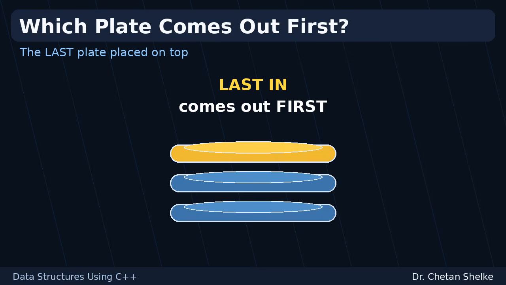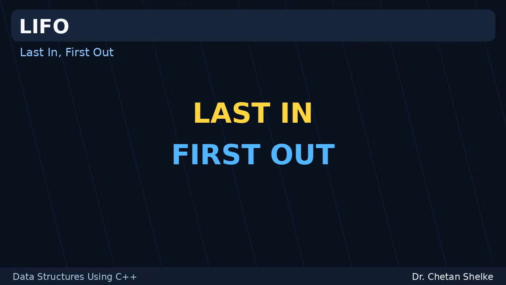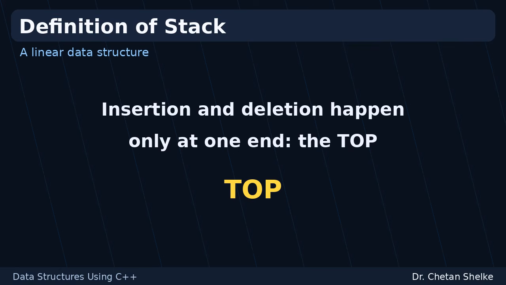The last plate, correct? This is called LIFO, last in, first out. A stack is a linear data structure where insertion and deletion happen only at one end called the top.